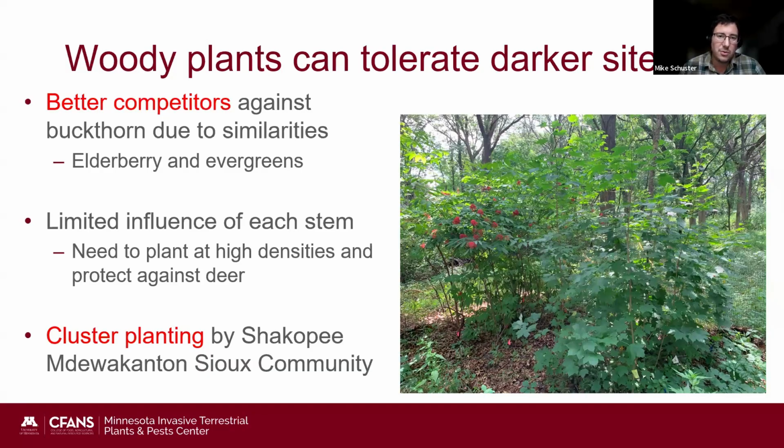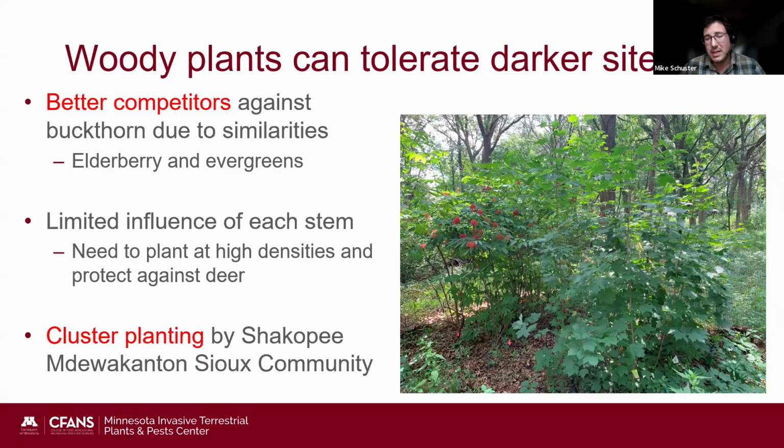But the thing about woody species, of course, is that they have a very limited influence around each individual. If you have one plant, it can only affect the area around that one plant. And this is true, of course, for herbaceous species too, but you'd have so many more of the herbaceous species that this is kind of a moot point. But with woody species, we generally have fewer, and so they have a more limited zone of influence. And so we need to plant at very high densities in order to get decent establishment.